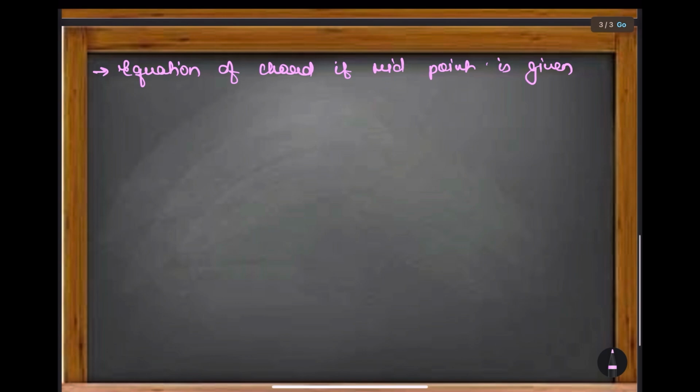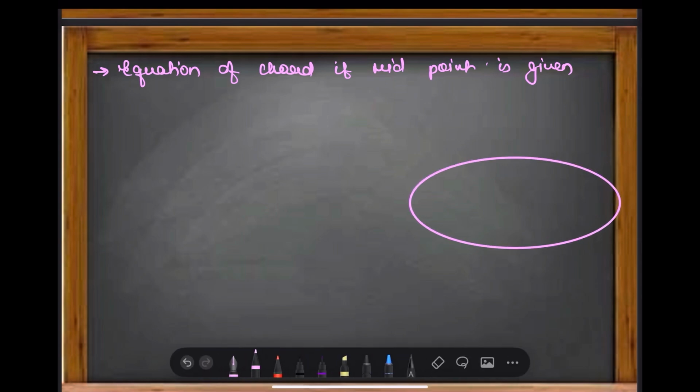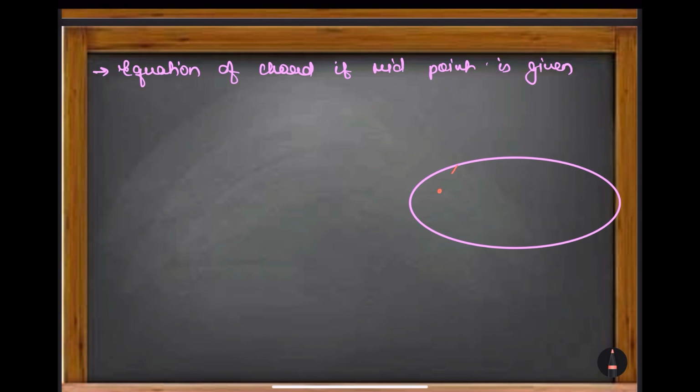Now we have to write down the equation of chord if the midpoint is given. Means you will have a curve. Suppose that we have this curve, and we have a point inside the curve. From this point we can drop infinite chords.